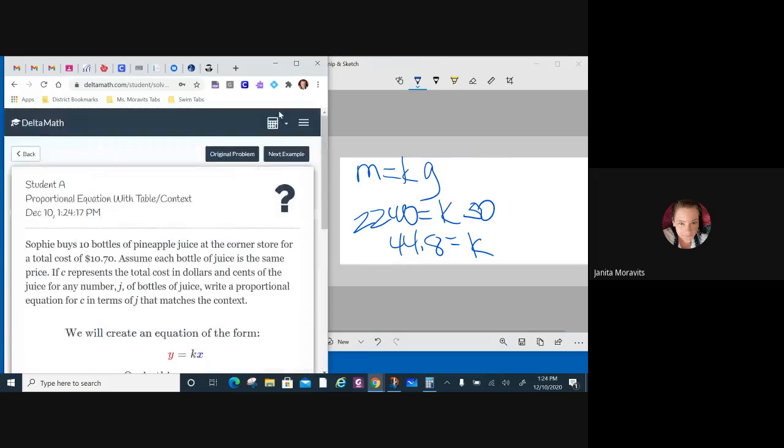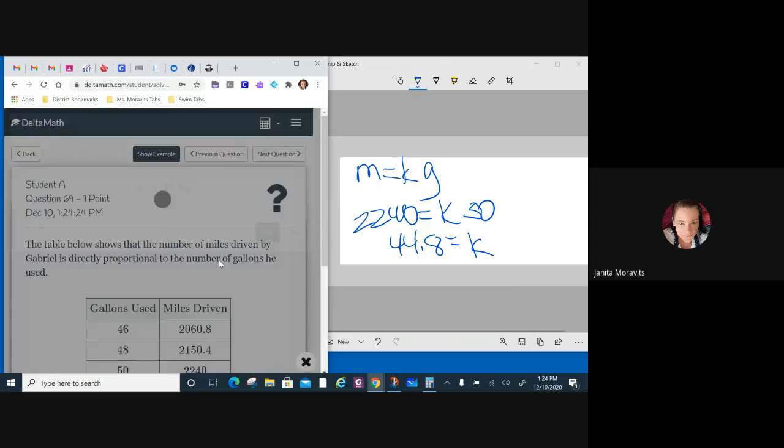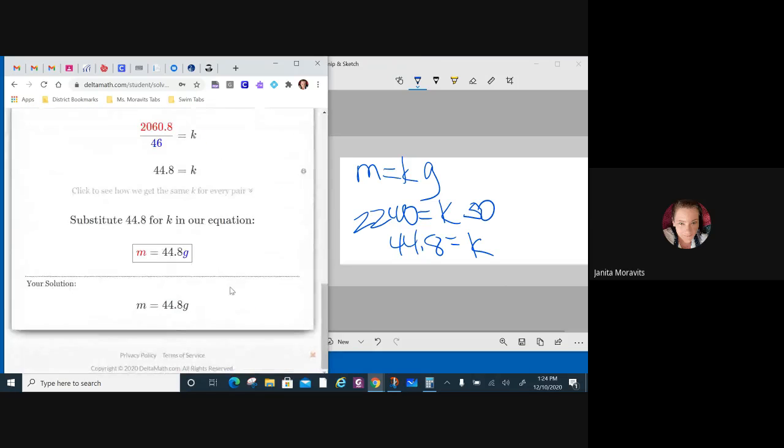All right, yeah, there we go. All right, let's go back. So M equals 44.8. And let's hope we're just putting it in the right way they want it. Gallons. There we go. It liked the way we put our answer in.